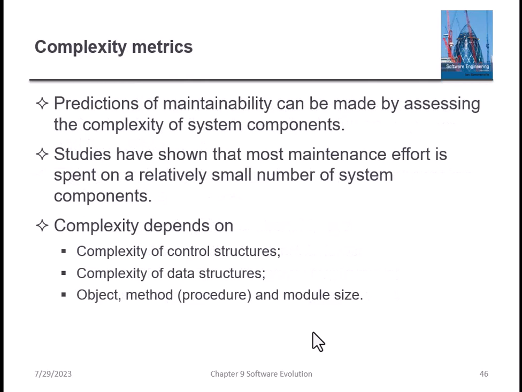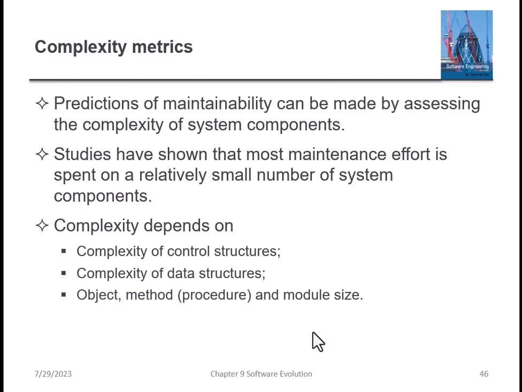Complexity metrics. Predictions of maintainability can be made by assessing the complexity of the system components. Complexity means how tightly coupled the existing modules and components are. We should analyze the depth of the components, the breadth of the module, the non-functional requirements included by the particular module, etc. So these should all be kept in mind.